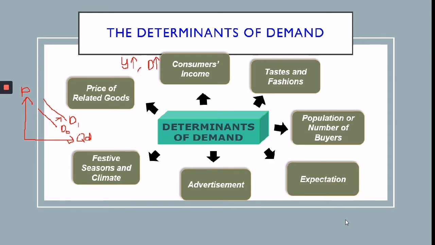But we have to look at the different types of goods. There are a few types of goods. First is known as normal good, second, necessities, third, luxury good, and fourth, inferior goods. For inferior goods, the relationship between Y and demand will be negative.